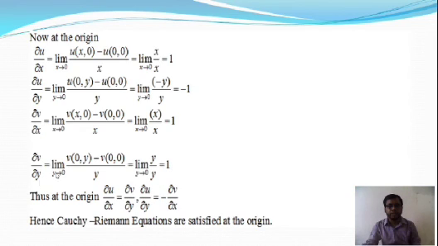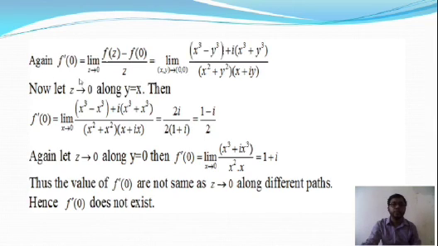So at the point (0, 0), the Cauchy-Riemann equation is satisfied: del u del x is equal to del v del y, and del u del y is equal to minus del v del x. Okay, and this function is not analytic at the point (0, 0).